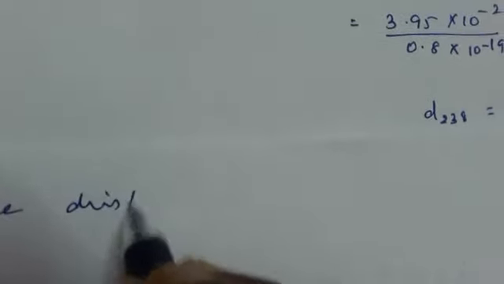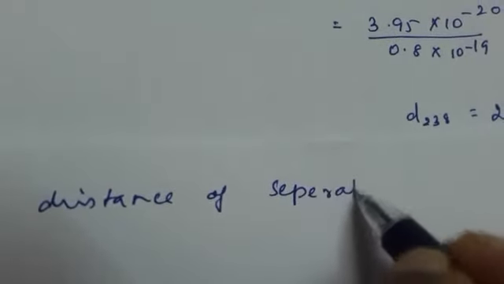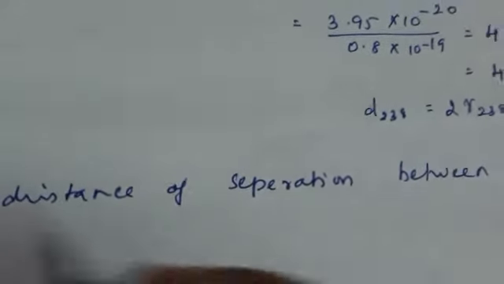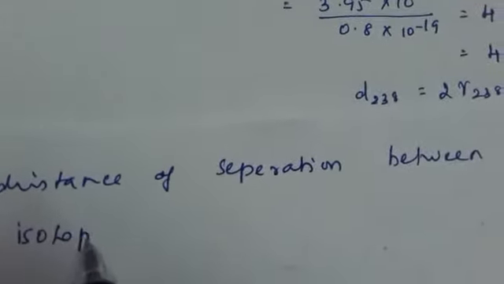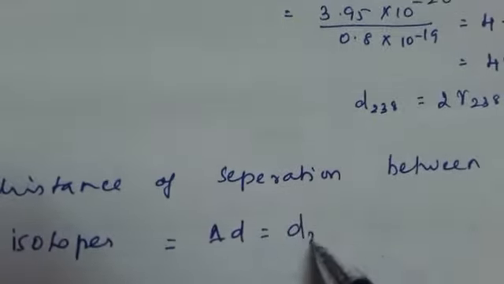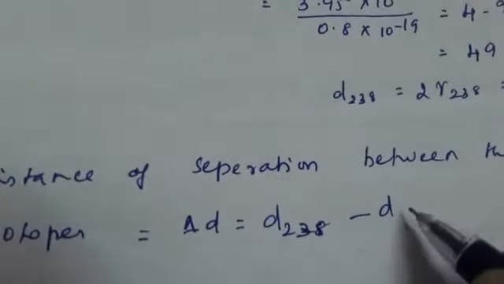The distance of separation between the isotopes, that is delta D, is equal to D238 minus D235.